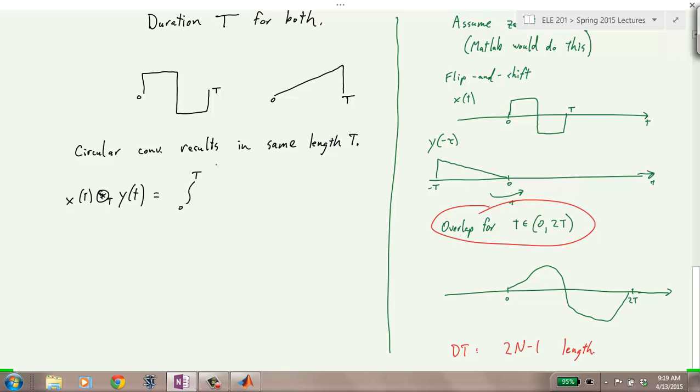You can say the integral of x of tau, y of something here. I'm going to use a sort of odd notation for these continuous numbers.